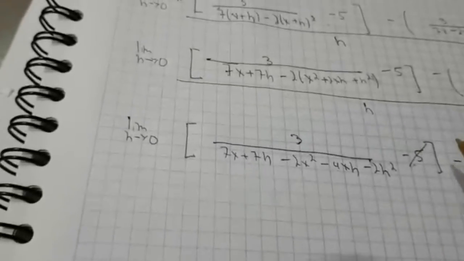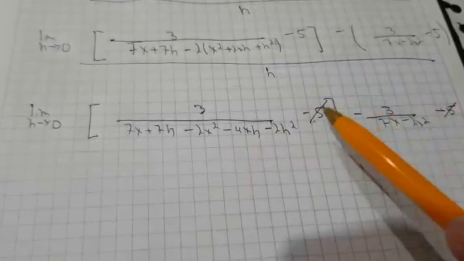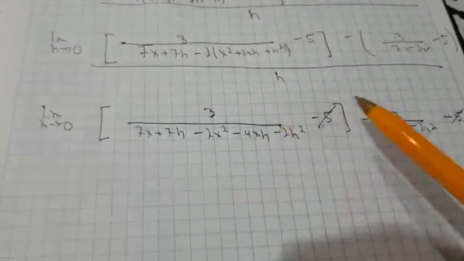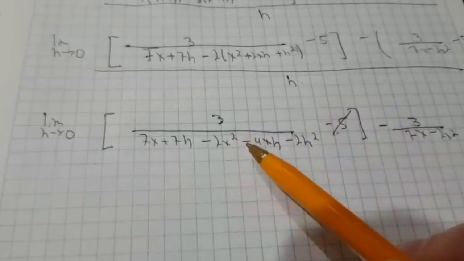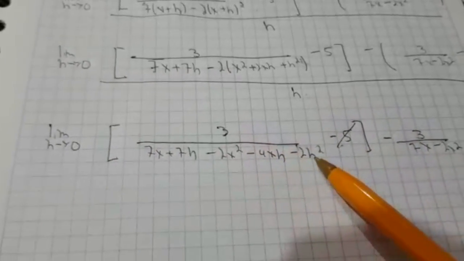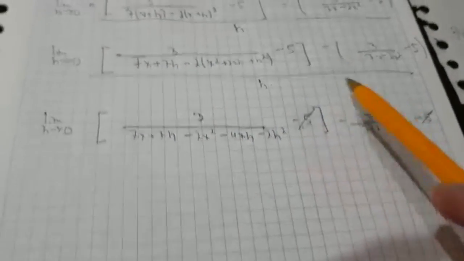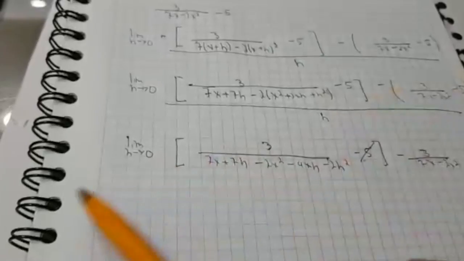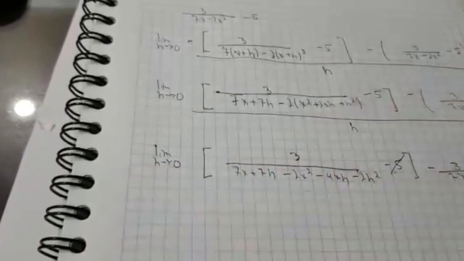We are going to only have this one and this one, the parentheses could go away, and we're going to have 3 over 7x plus 7h minus 2x squared minus 4xh minus 2h squared minus 3 over 7x minus 2x squared. Evaluating it also with the notation of the limit as h goes to 0.